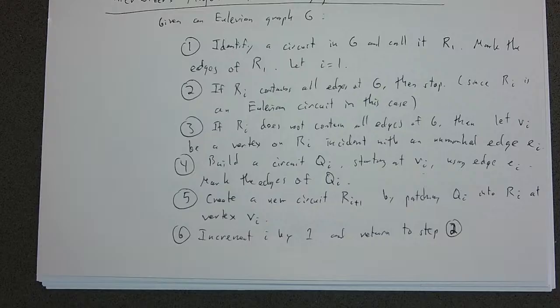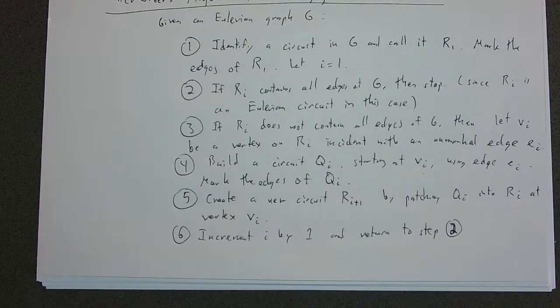Okay, so we identify a circuit, mark the edges. If that circuit contains every edge in the graph, it's an Eulerian circuit, we can stop. If it doesn't contain every edge in the graph, then we pick a vertex that is incident with one of those edges that is not present in the circuit.